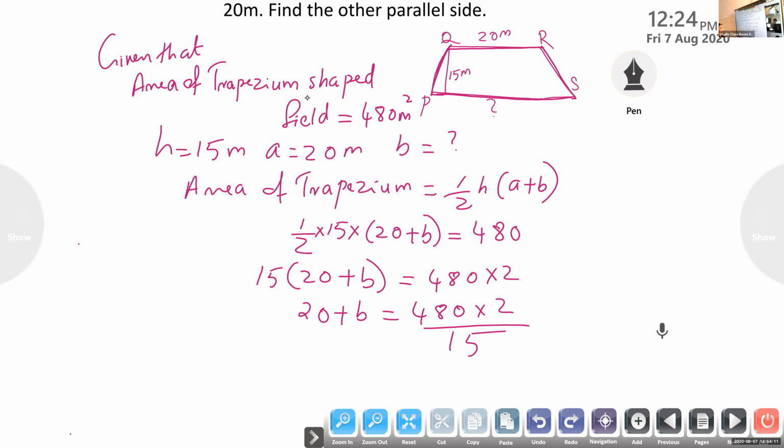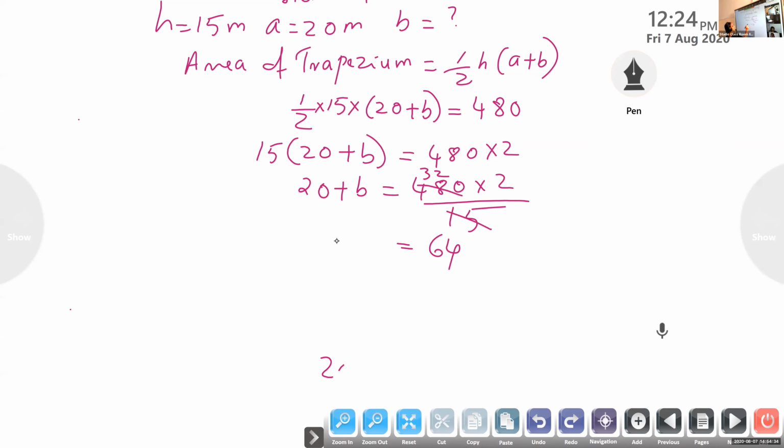Then 20 plus b equal to 480 into 2 by 15. How many times is 15 in 480? 32 times. So it is 64. 20 plus b equal to 64.